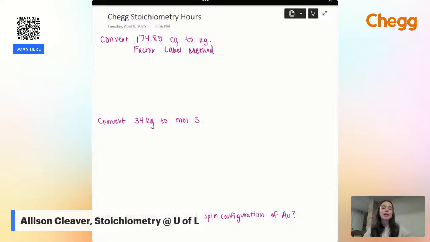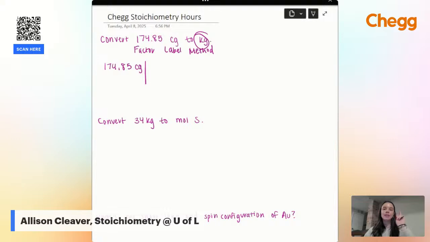So basically, we always start with what we're given, and in this case, we are given 174.85 centigrams. If you didn't know what cg stands for, now you do. See, we're already learning stuff. And now we need to get to kilograms. This question is asking for kilograms, so we need to get from centigrams to kilograms.